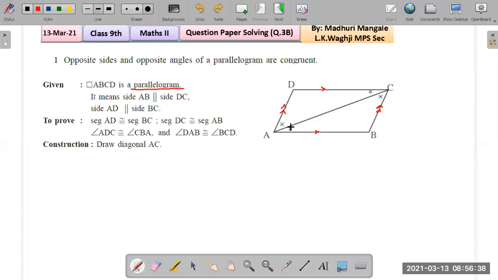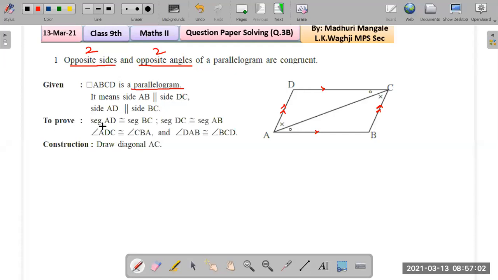So that was given. Now the next thing, what we are supposed to prove. We have to prove the opposite sides and the opposite angles are congruent. That means we have to prove 4 things. When I say opposite sides, there are 2 pairs, and for the opposite angles, again there are 2 pairs.